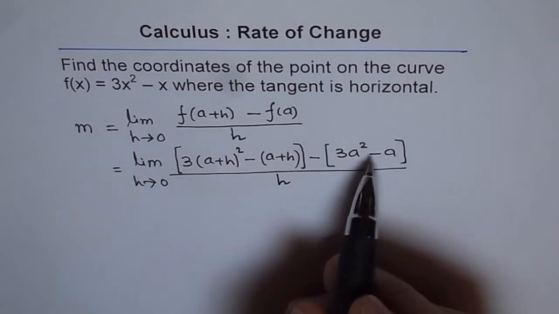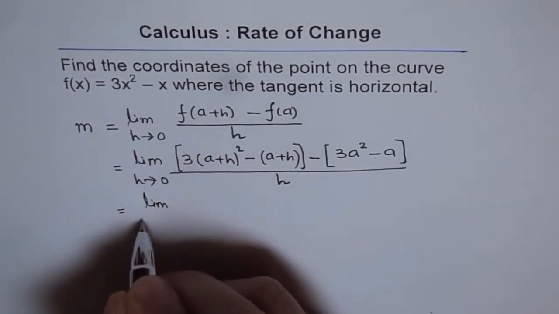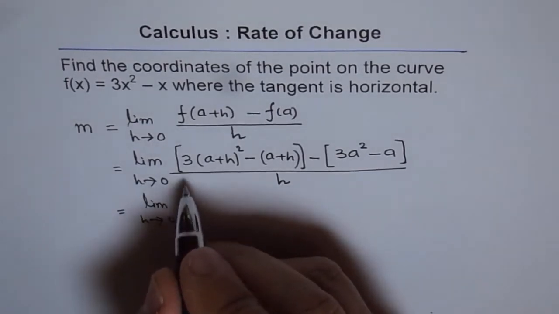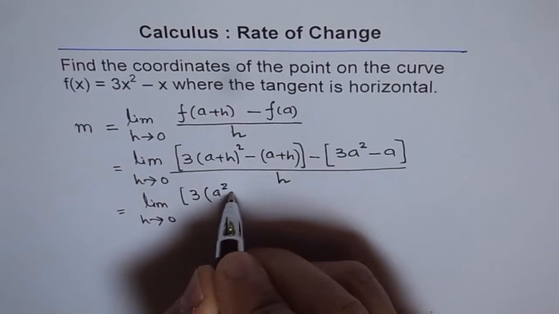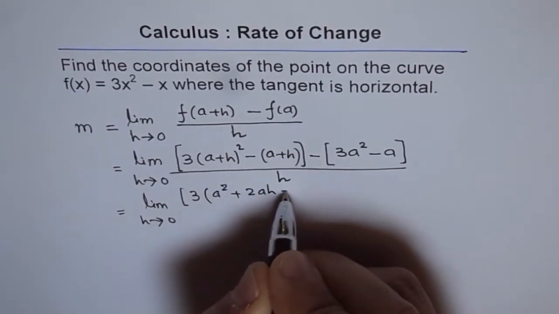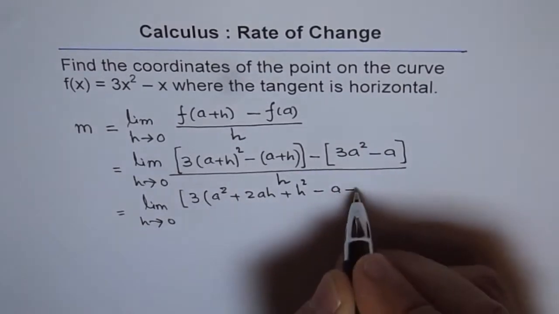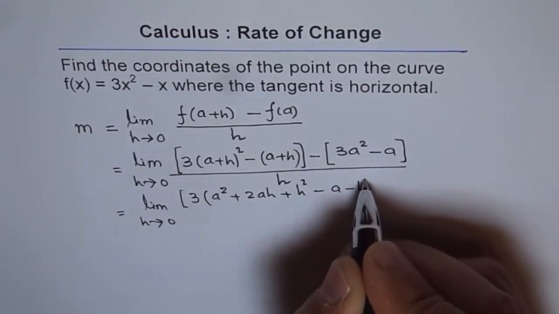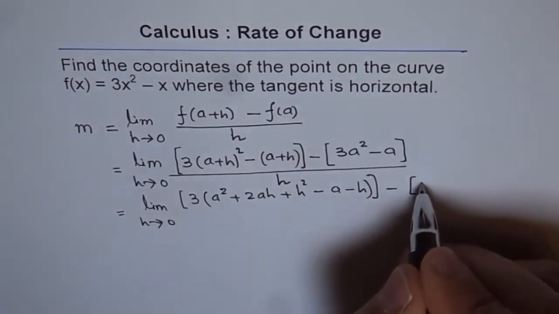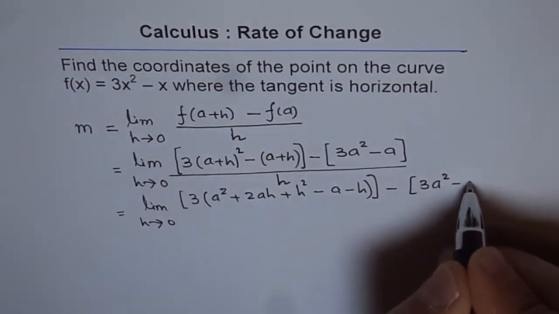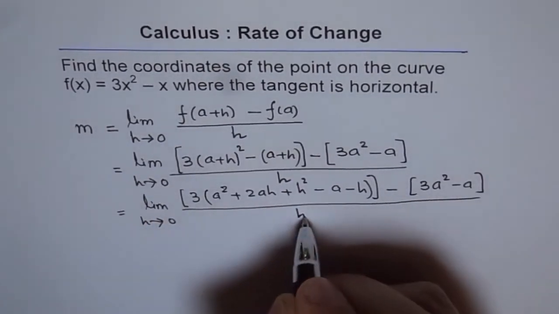Now we need to expand this and simplify. So it is limit h approaches 0, and let me expand this part. This is 3 times a square plus 2ah plus h square, minus a minus h. Minus 3a square minus a, over h.